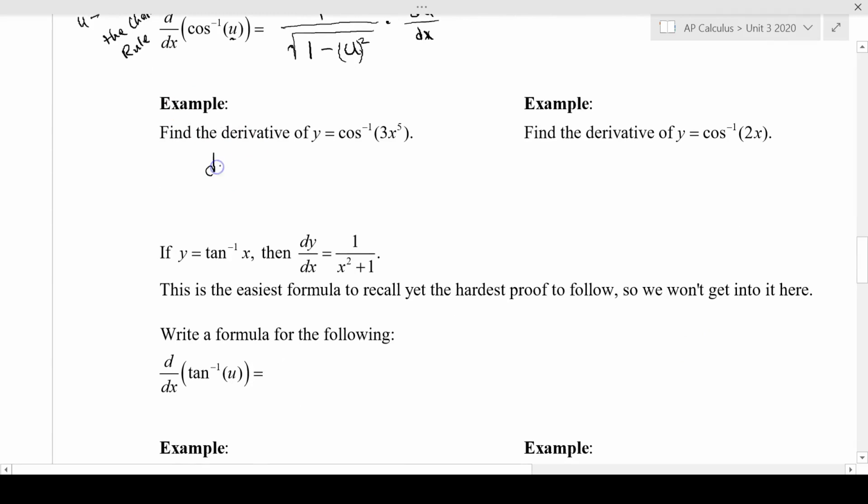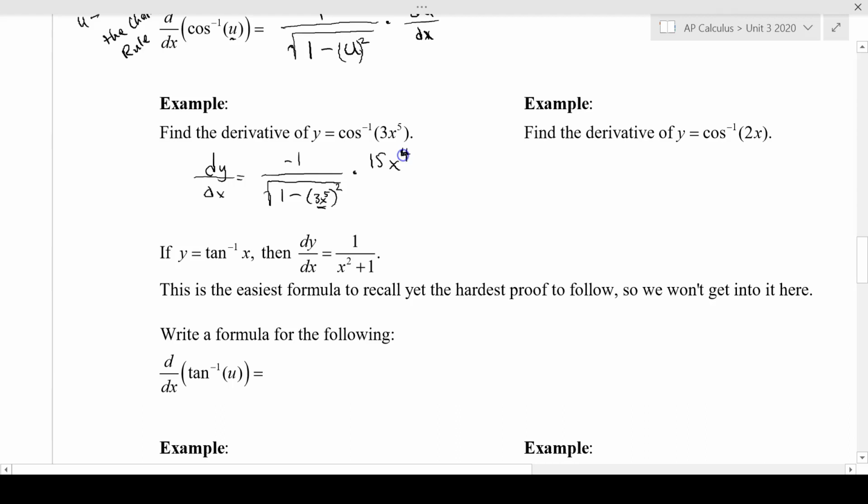So, let's go and do a couple of examples. The derivative of cosine inverse of 3x to the fifth is just going to be negative 1 over the square root of 1 minus whatever is in the parentheses. So 3x to the fifth, and then we square it. Then we take the derivative of what's inside, and that's 15x to the fourth. And while I can make that look a little bit nicer, it wouldn't look much nicer.